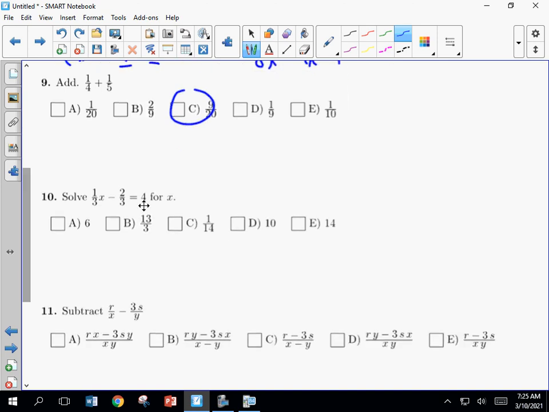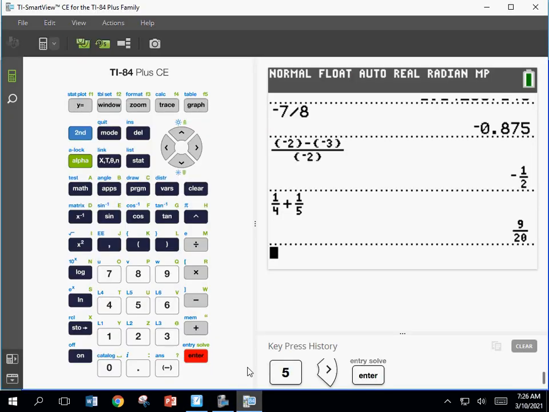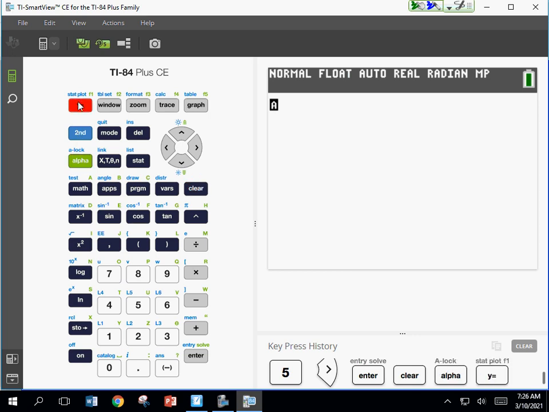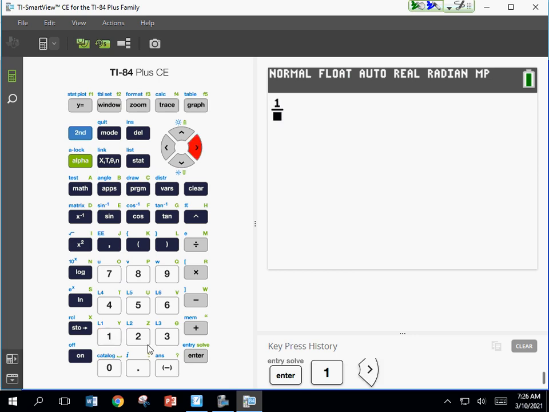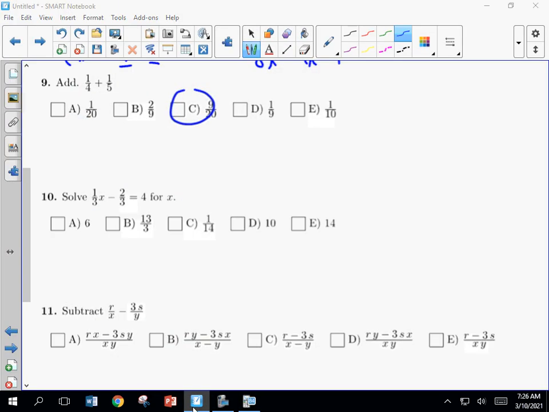All right, so solve 1/3 x minus 2/3 equals 4. You can solve this, and that's good. Or you can also just take these answers and plug them in. So I'll show you how to do both. So first, clear this, alpha y equals 1 over 3 parentheses, what's the first number? 6, minus 2/3.